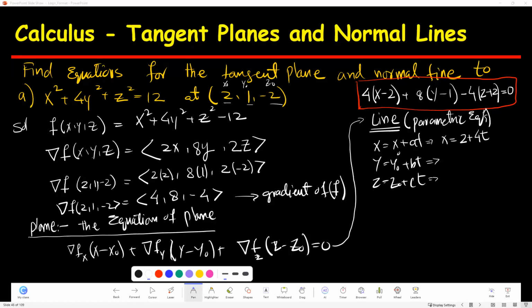This is my a, maybe in a little bit different color. This is my b, and this is c. So I'm going to write here y equals y naught plus 8t. 8 is my b, and z equals z naught, so z naught will be minus 2 minus 4t. And these are my equations of lines.